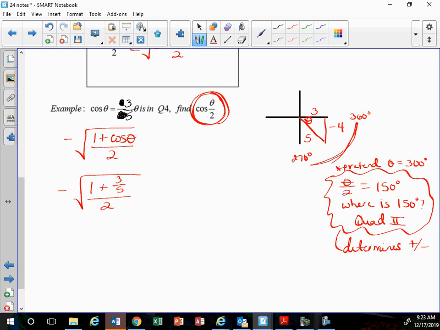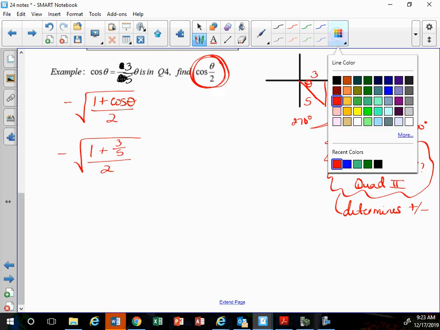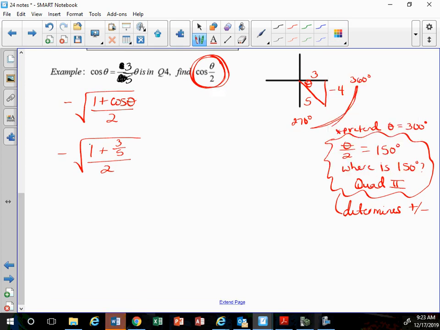And now we are just simplifying fractions from here. What do I need to make the 1? Negative big square root 8 over 5 over 2 over 1.